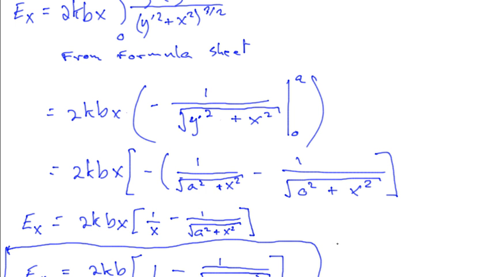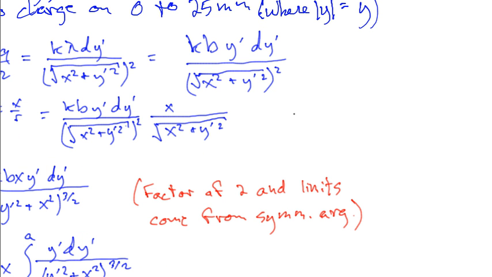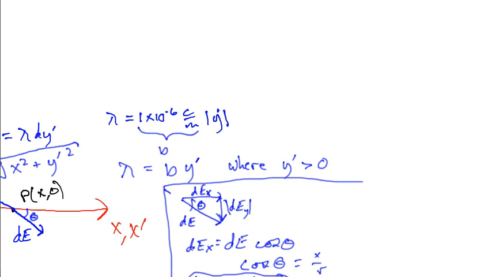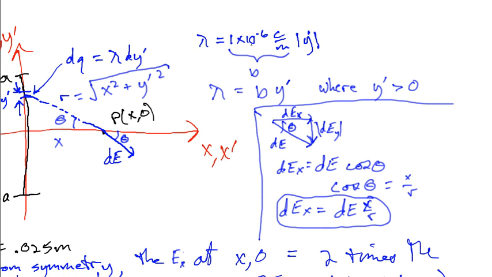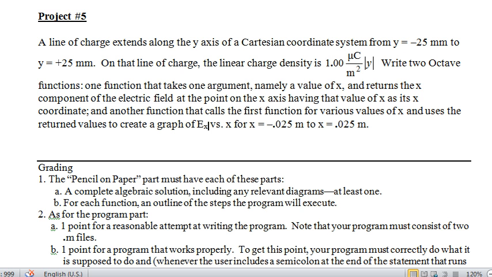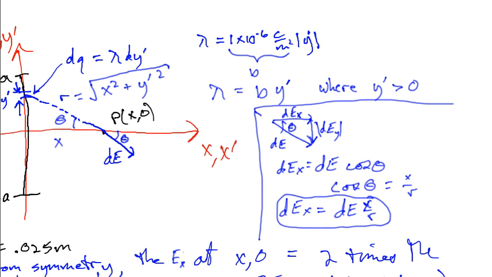Let's take a look up here and make sure I got that right. I've got it written down as coulombs per meter squared, so I had that wrong. Looks good now.